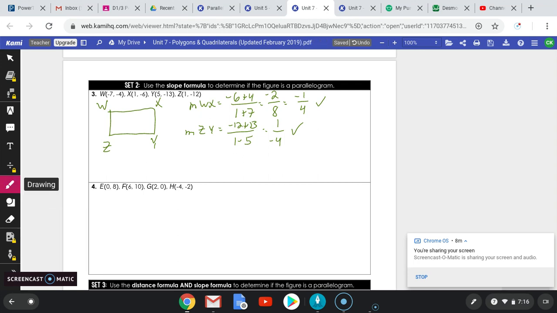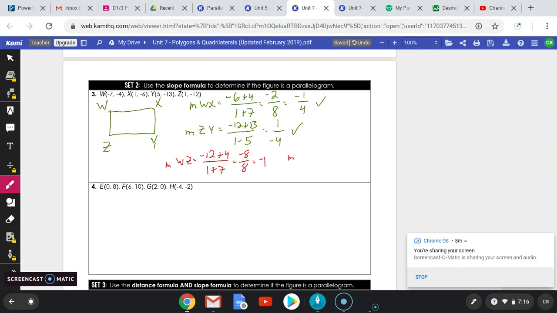So that means we have to now do WZ and XY. So the slope of WZ is going to be -12 plus 4 over 1 plus 7, which gives me -8 over 8, which is -1.